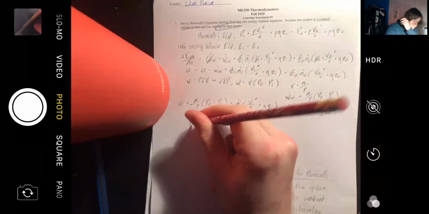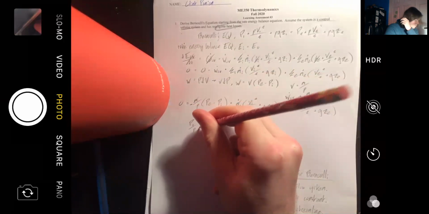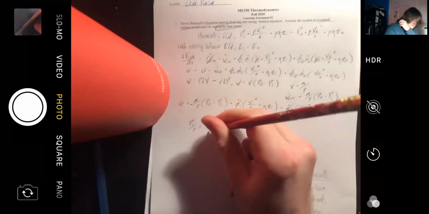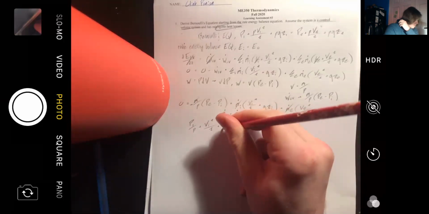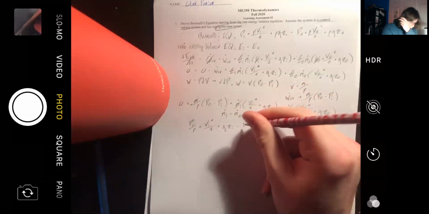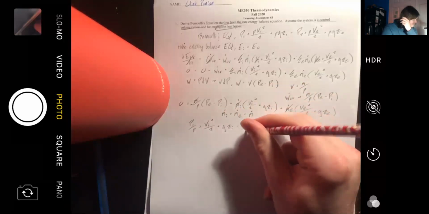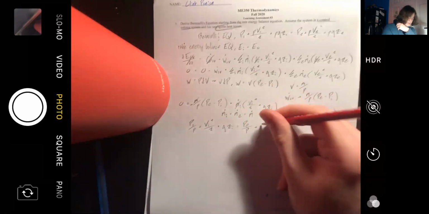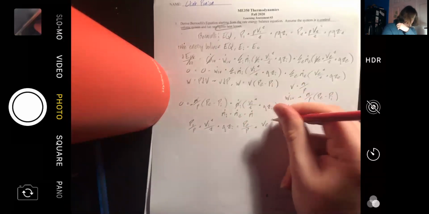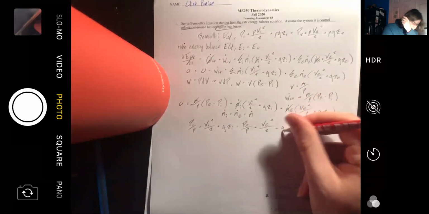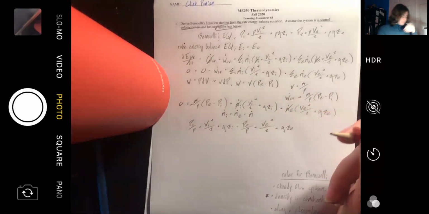That leaves us with P inlet over rho plus V inlet squared over 2 plus g Z inlet equal to P exit over rho plus V exit squared over 2 plus g Z exit.